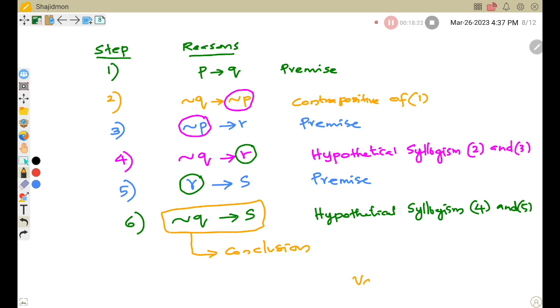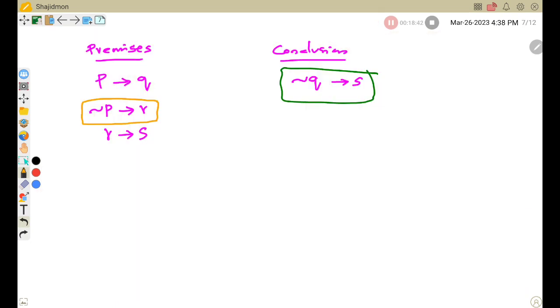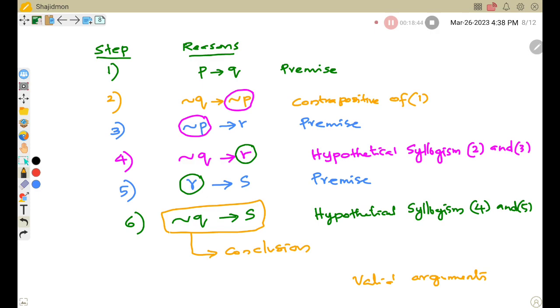We have a valid argument. This is the use of the rules of inference for proving a statement. So we can say the premises lead to the conclusion. This is what our question asked us to do: show that the premises lead to the conclusion.